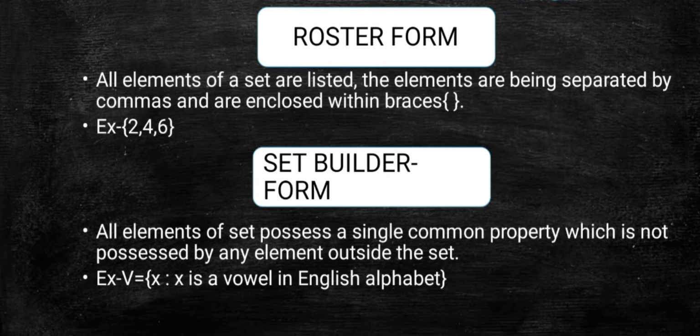And then you have the set builder form. All elements of the set possess a single common property which is not possessed by any element outside the set. Which means if I ask you for the set of positive even integers less than 7, you tell me that the set contains the elements 2, 4 and 6.